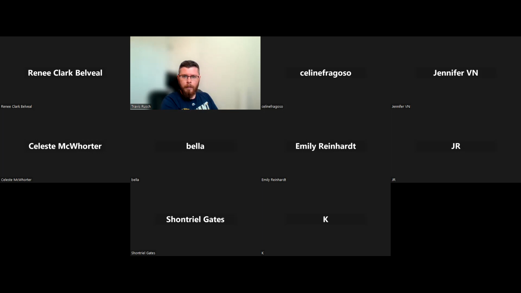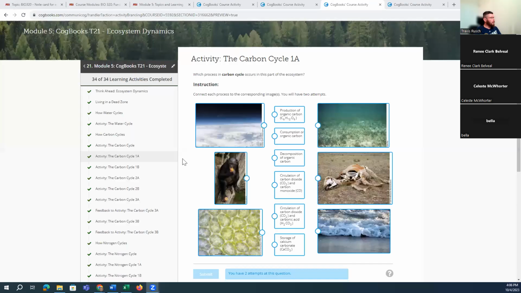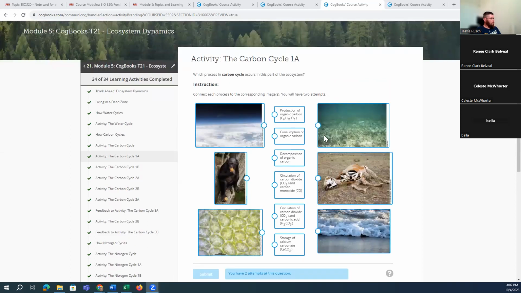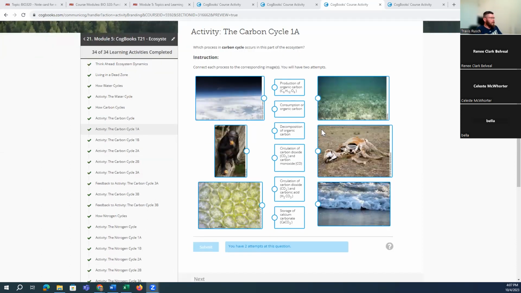These are good activities to go over together. Okay, can everybody see my screen with the images here? Yes. Okay, so the way that I approach this is I use a few things to help me remember them. I'm not a soil scientist or an elemental scientist using carbon necessarily, so for me, this isn't my specialty.